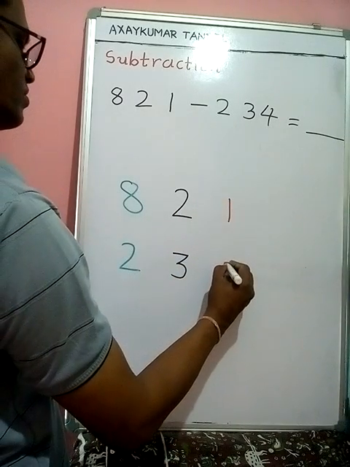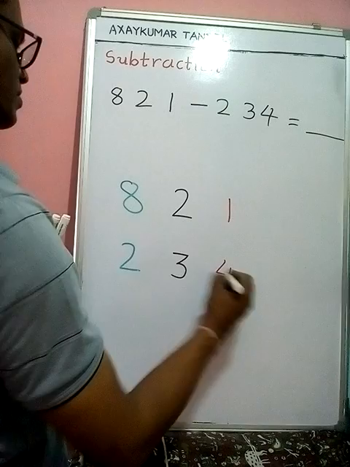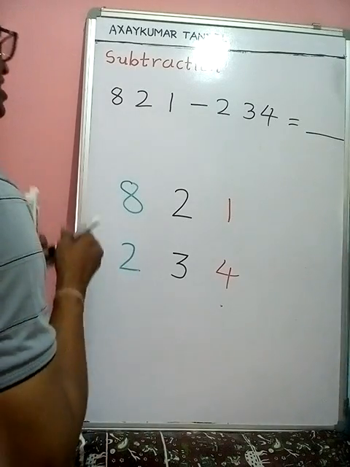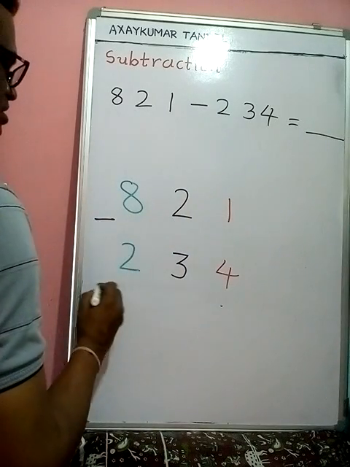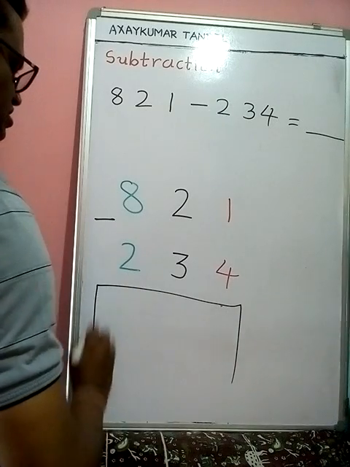Here ones 4. Sign is minus. Making box for answer.